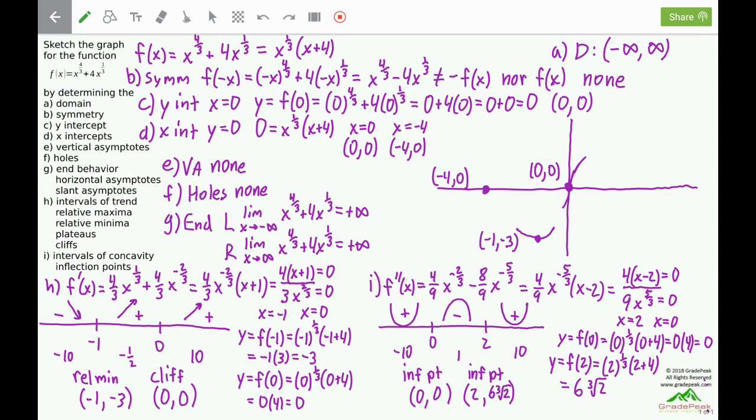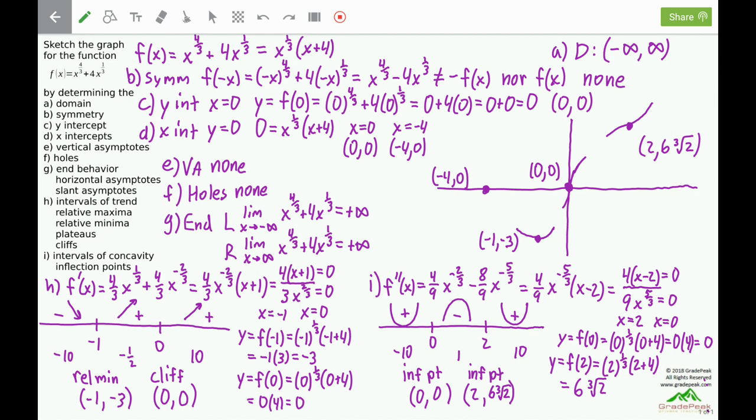And that's where it's going to change from being concave down to becoming concave up again. So that'll be up here somewhere. We can label this as 2 and then 6 times the cube root of 2. And it should be switching over from concave down on the left of it to becoming concave up on the right of it.